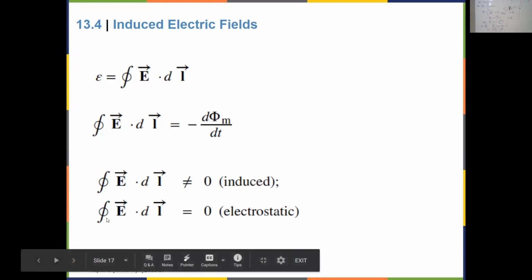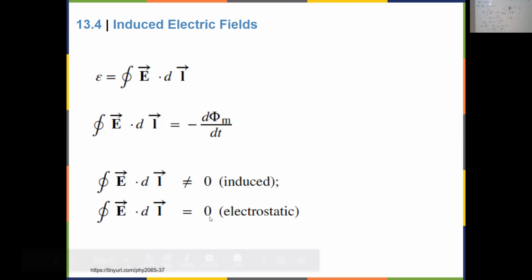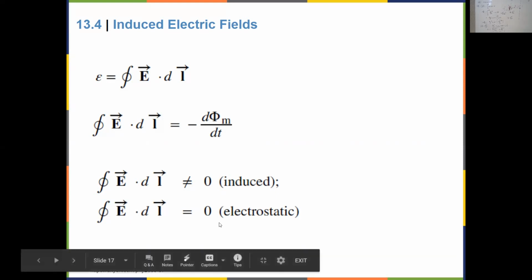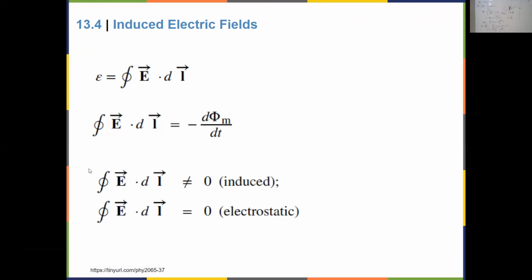You are starting from one point, going all the way through, and coming back to the original starting point. You will get 0 for the potential change. Now, in the case where you have induced EMF, it's different. If you go from one point through a whole loop and come back to the initial point, then you will actually have a potential difference there. That's not equal to 0.